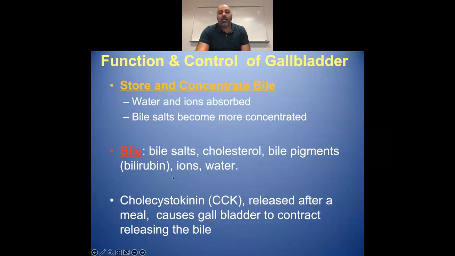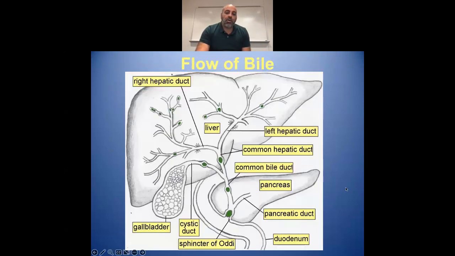Bile salts, cholesterol, bile pigments, there's that bilirubin, ions, water. That cholesterol factor is why we develop gallstones. That's the reason there. Okay. CCK, remember, causes the gallbladder to contract and secrete that concentrated bile.